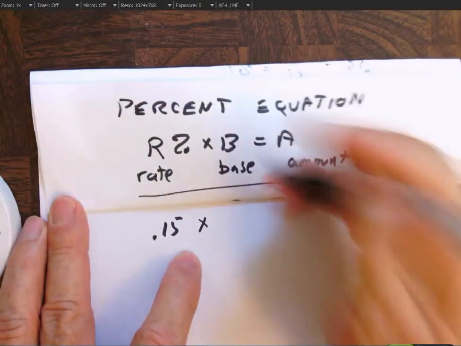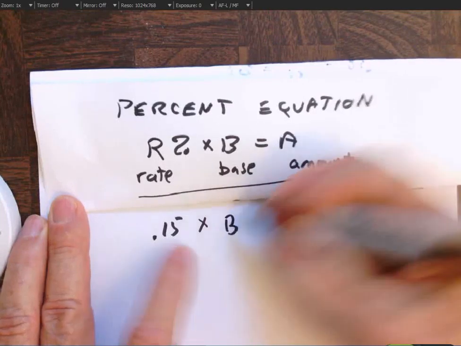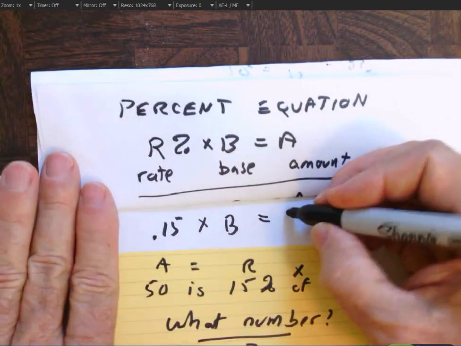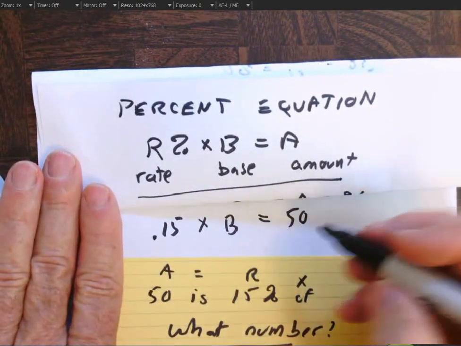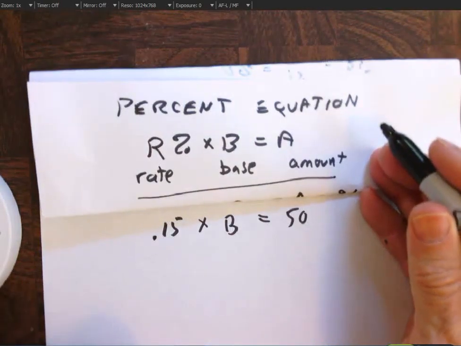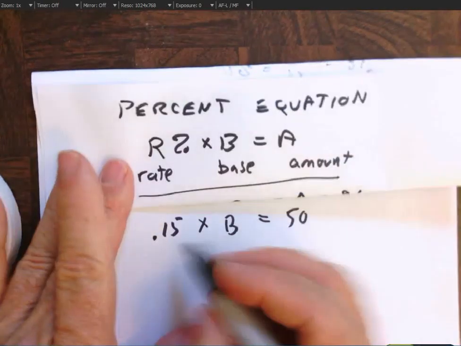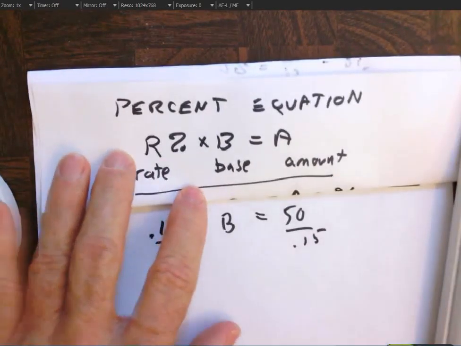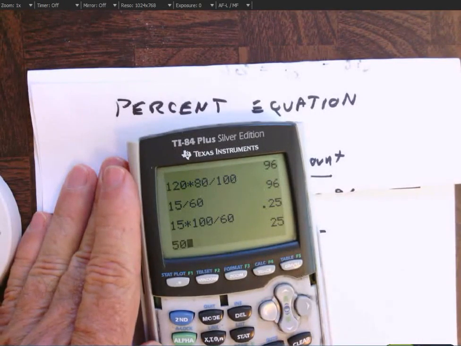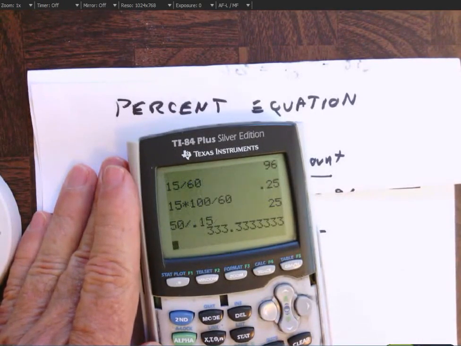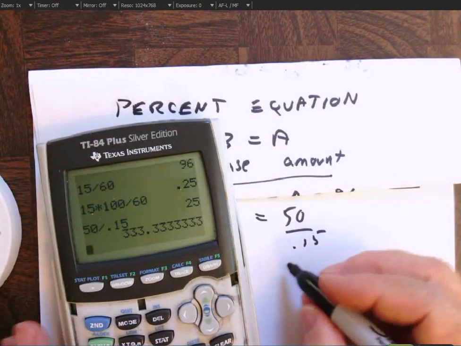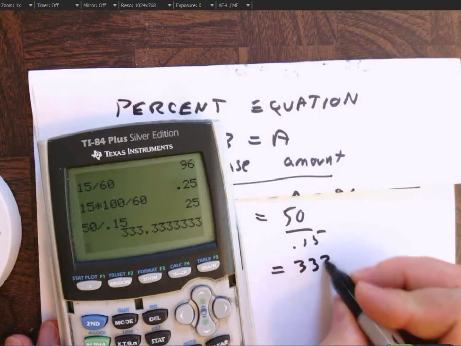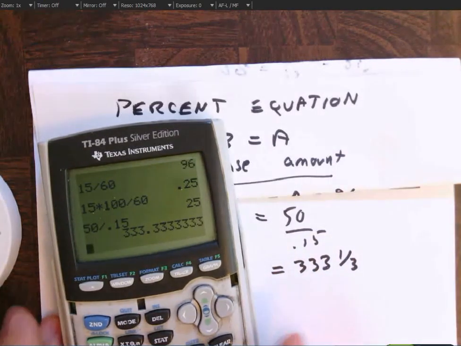Okay, 0.15 is the percentage. The base we don't know. The amount we do know is 50. So 50 is 15% of what number? To do this, all I need to do is divide by 0.15. So 50 divided by 0.15, and I get a repeating decimal, 333.3, and I'm going to call it one third. Okay?